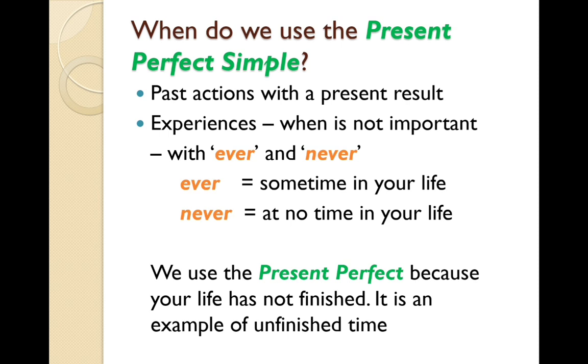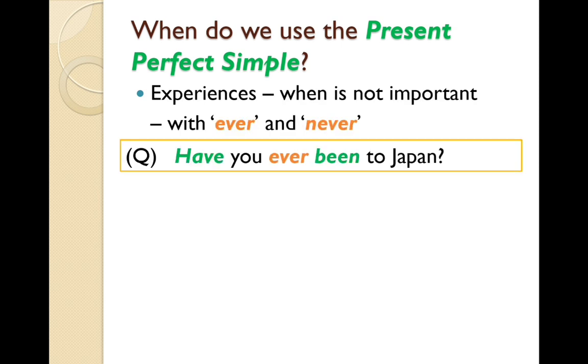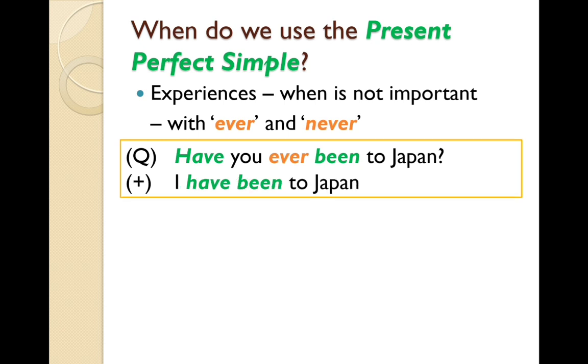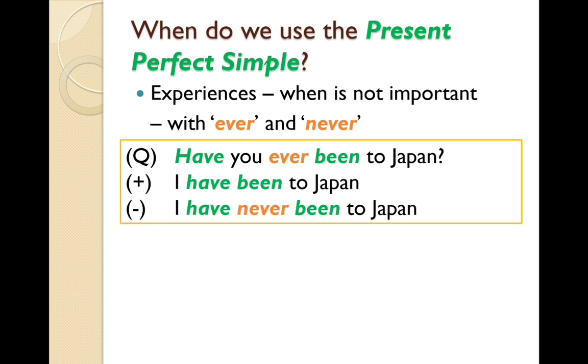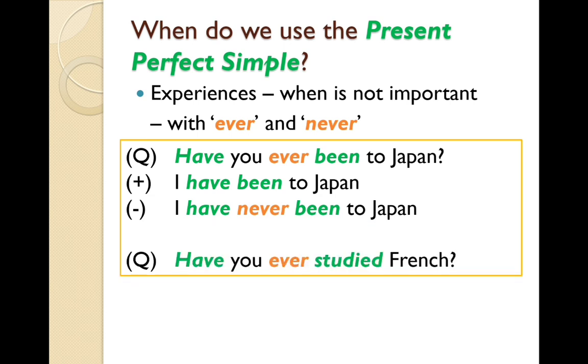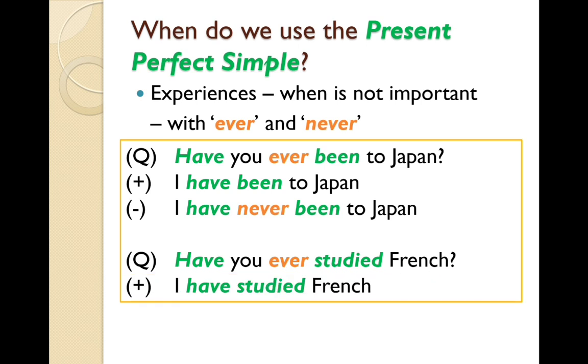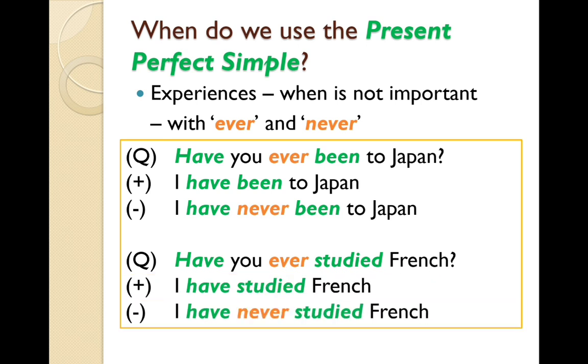It's an example of unfinished time. Have you ever been to Japan? I have been to Japan. I have never been to Japan. Have you ever studied French? I have studied French. I have never studied French.